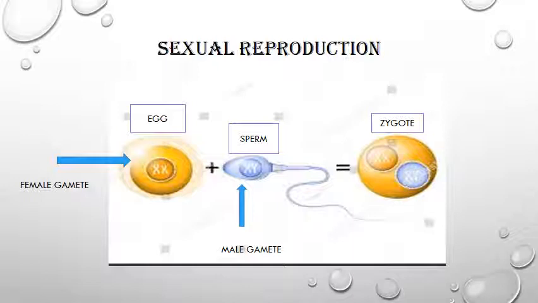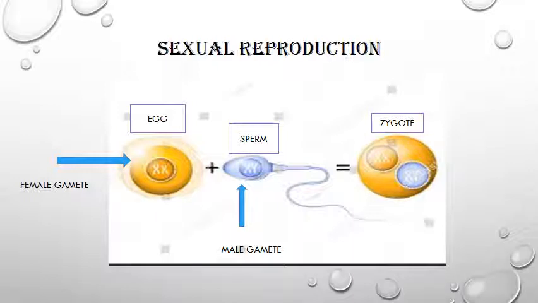Both male and female parents produce some special cells that are called gametes. As you can see in the picture, the female special cell is known as egg or ovum, and the male special cell is known as sperm.